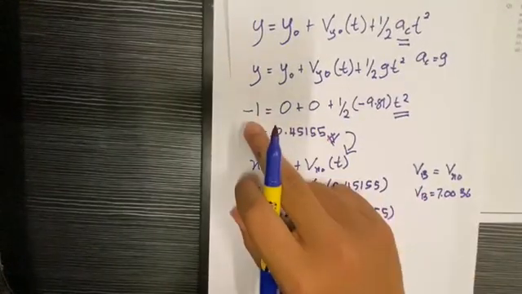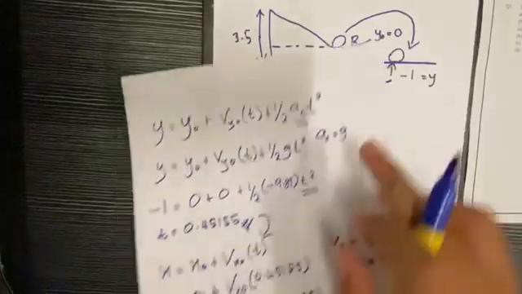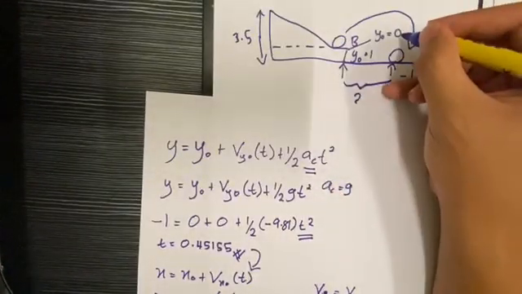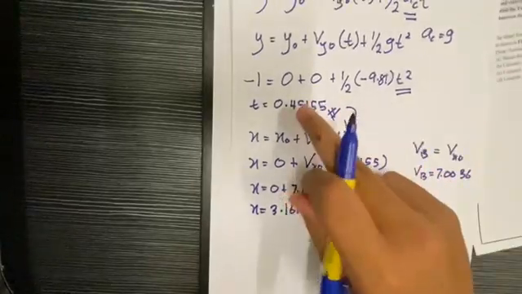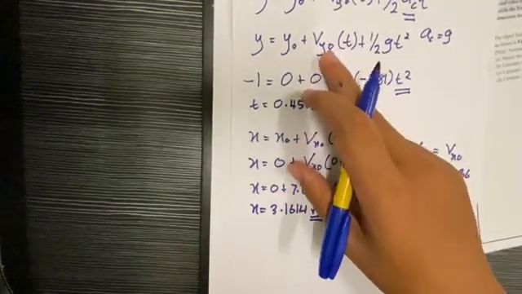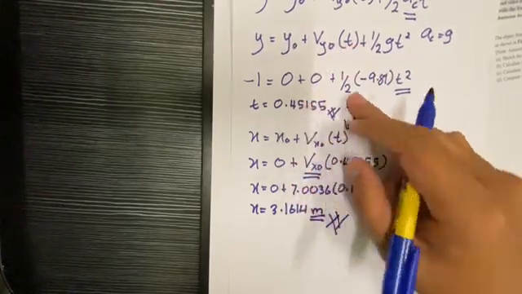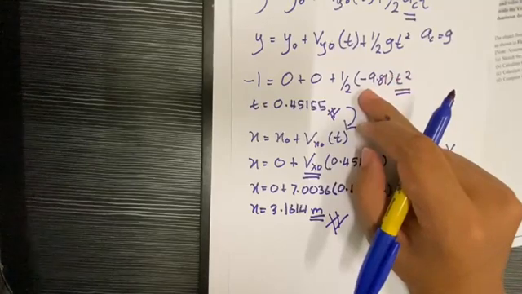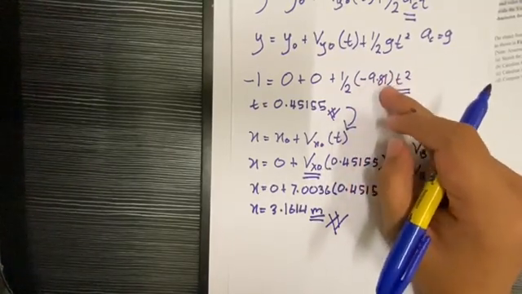We put -1 here for y, y naught is 0, plus vy naught, which is 0, times t, also gives 0, plus half g t squared. We replace g with -9.81.